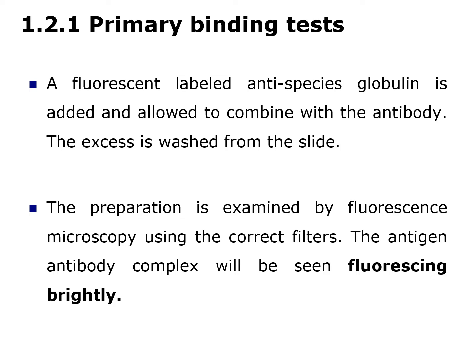This is the second antibody that is labeled with anti-species globulin. So we can say this is anti-human globulin. And the excess is washed again from the slide. So after that, we can study this under the fluorescent microscope. And again, the positive result is a fluorescence, like a glowing in the dark light.